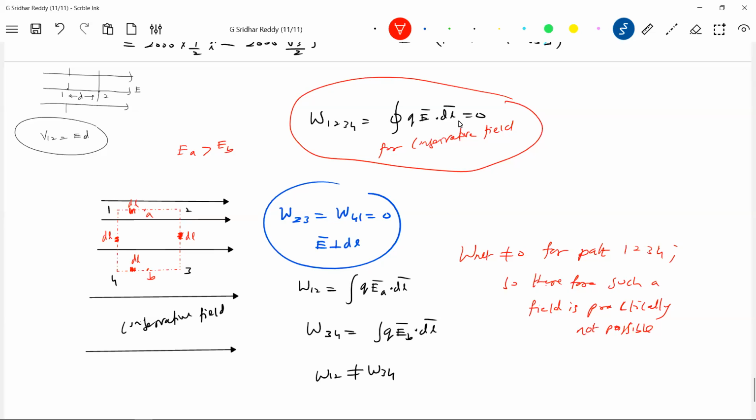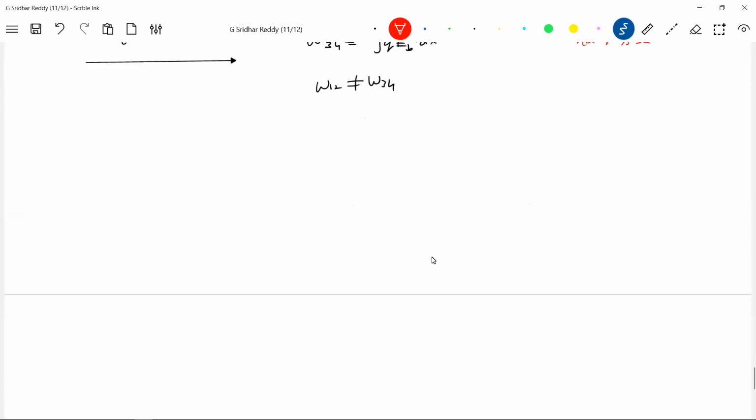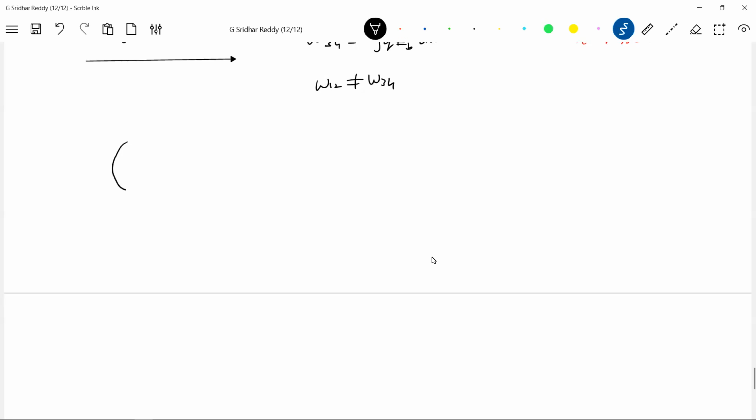Let me give one more field of this kind. Concentric circles, I'll bring it.